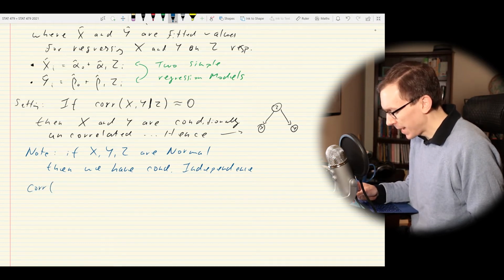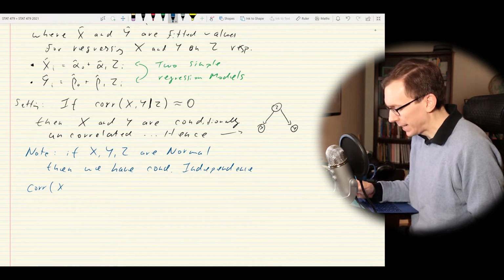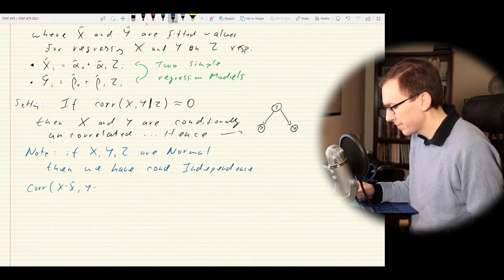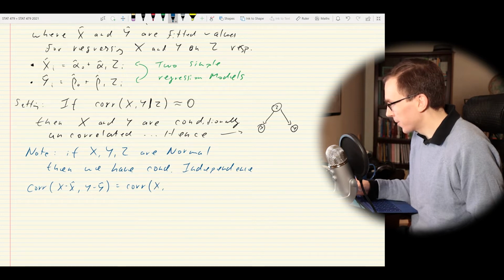Then what we have is the correlation of x minus x hat, y minus y hat, again using the different notation, conditioned on z.